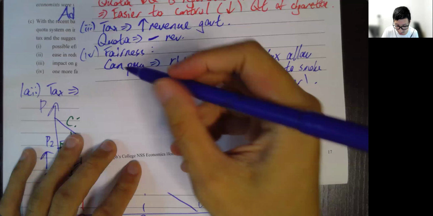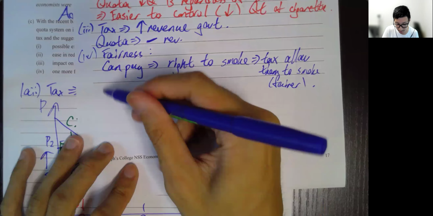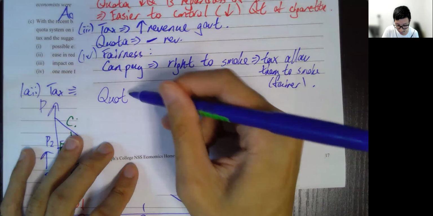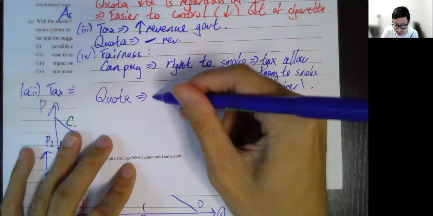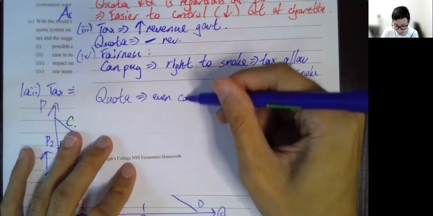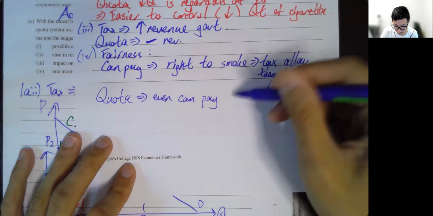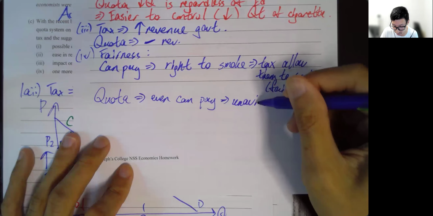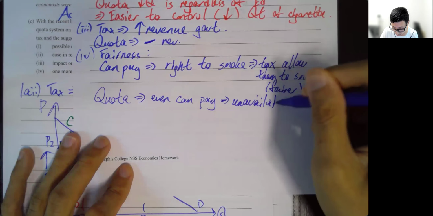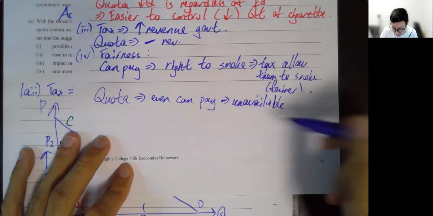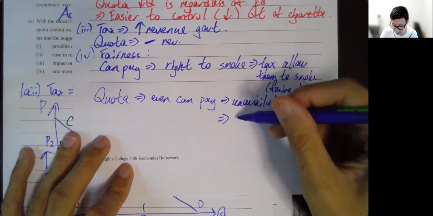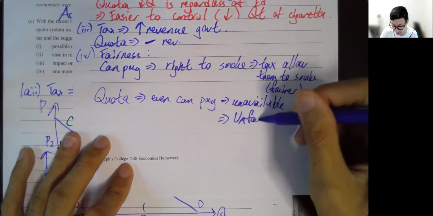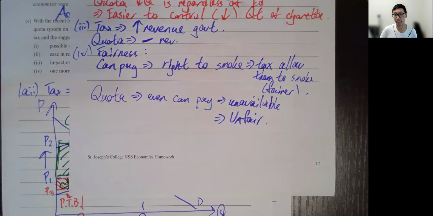Okay, on another hand, here, you see a quota. Even if you can pay, you still is unavailable. Okay, therefore, you can argue it is unfair for people who can pay.